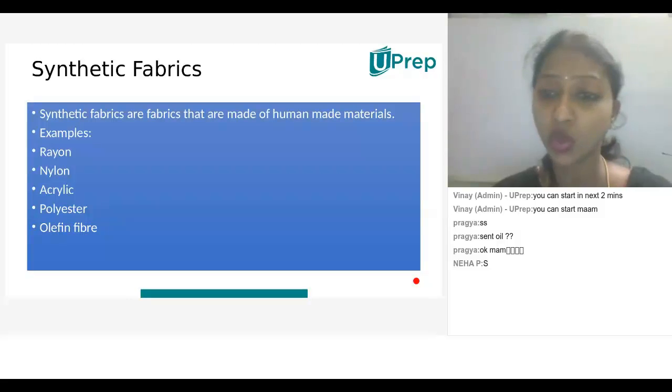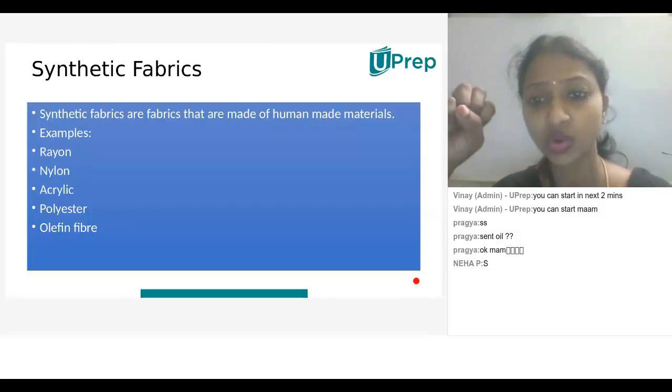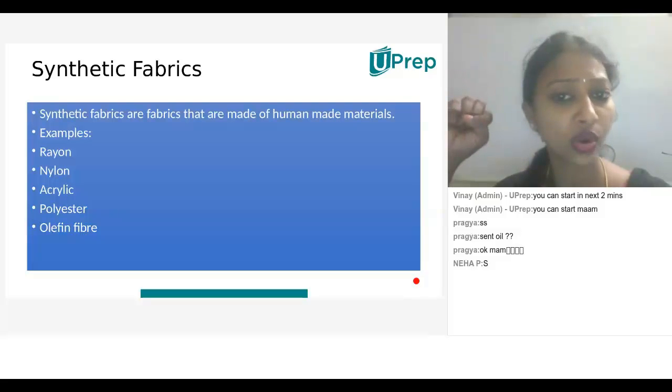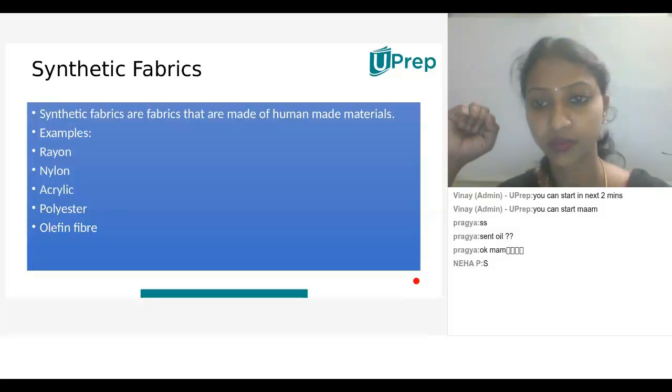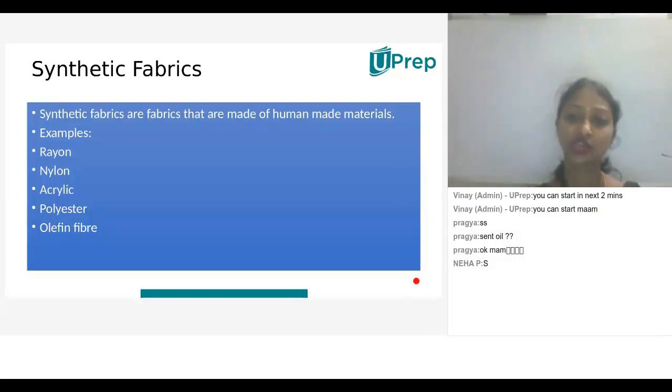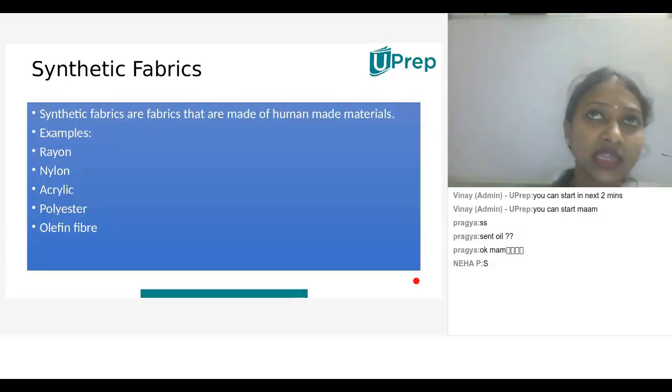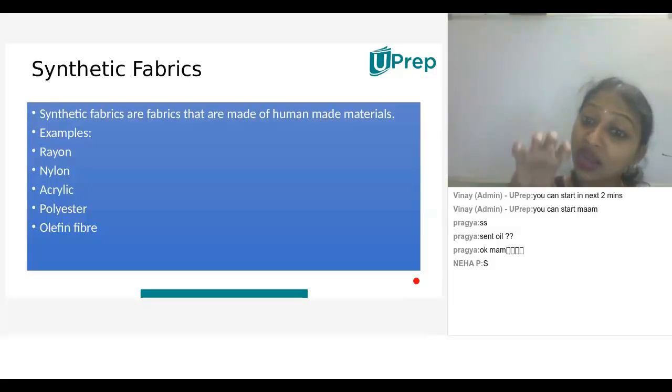For many ages we can use the material, and the shiny appearance also won't be lost. So happily we can wear it because it is durable. Natural fibers, simply I can say, are not durable, but they can be durable. In what sense? Because we need to give the proper conditions to the fabric, then only they are durable.